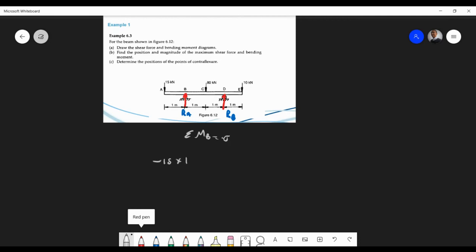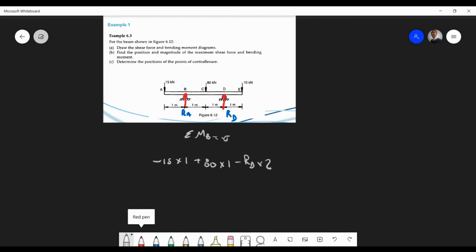RA will be 0 in this case because, sorry, this is RD, yeah. Then we have C, but C is going clockwise, so that's plus 80 times 1. Okay, and then we have RD, that's going anti-clockwise, so RD minus 2.